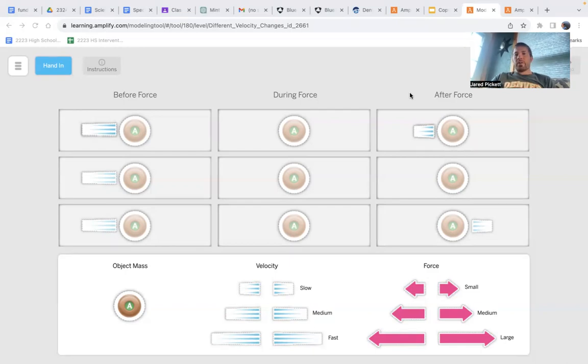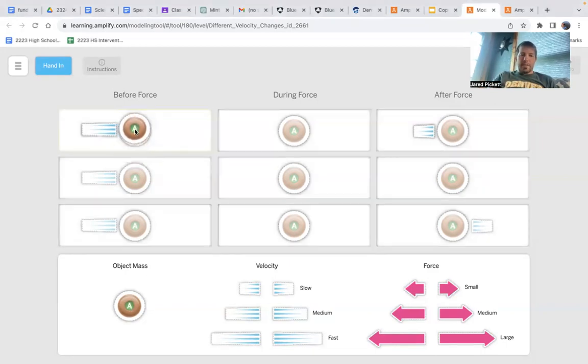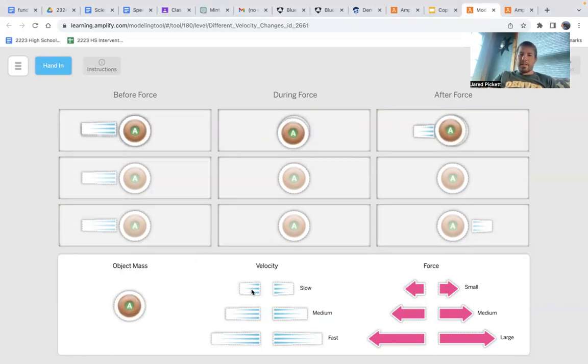A lot of it was really good, but some of it concerned me a little bit because we had some students that, and I'll just start filling this out a little bit, filled this in correctly. They recognized that they needed to put these things in.